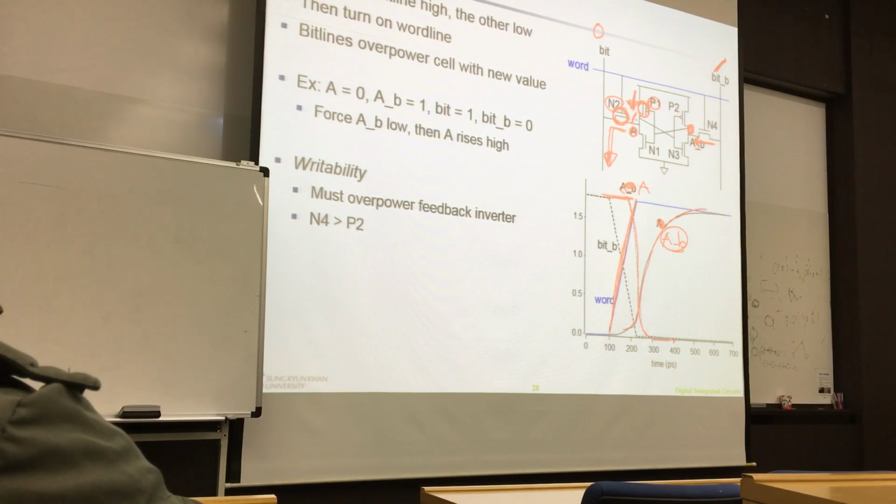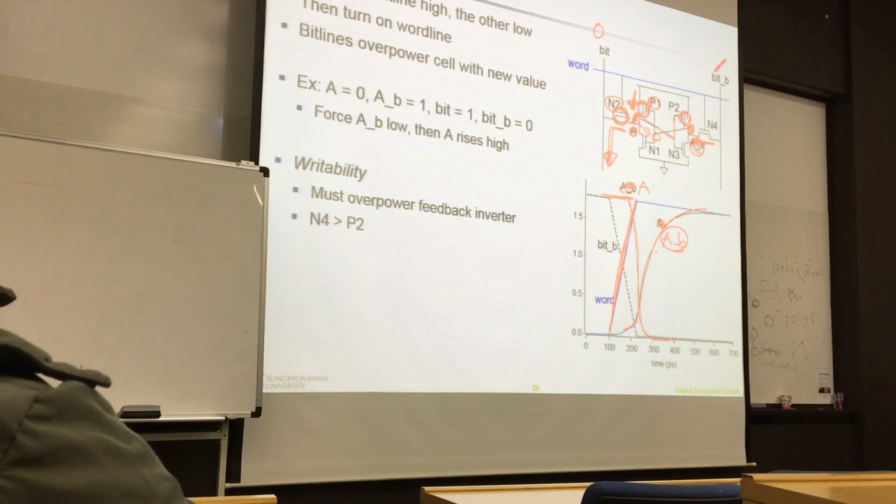So that means this node, this 1 goes to 0 first, and then that turns on this P2, and that pulls up the A bar. That's what's really happening. Okay?